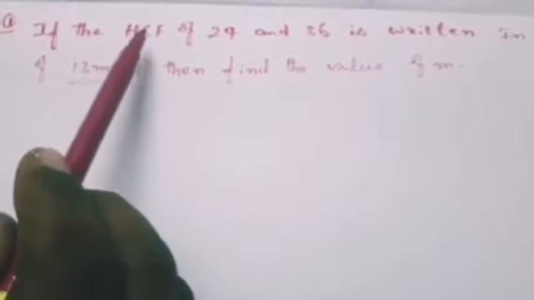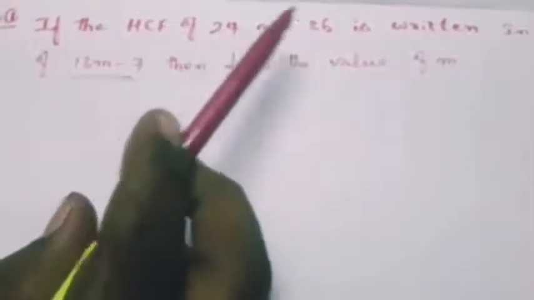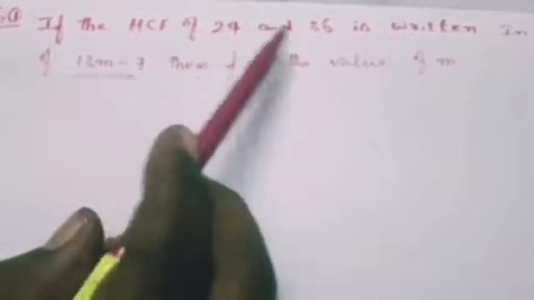The question is, if the HCF of 24 and 36 is written in the form of 13m minus 7, then find the value of m. So you need to find the HCF of 24 and 36. HCF of 24 and 36 is 13m minus 7.